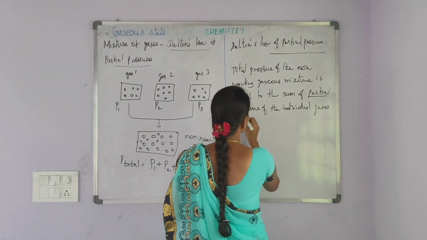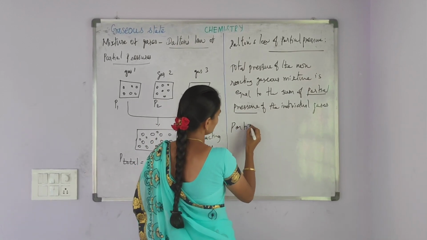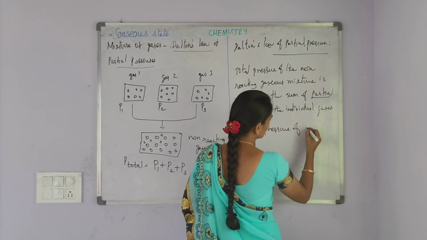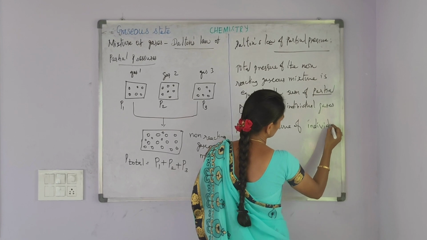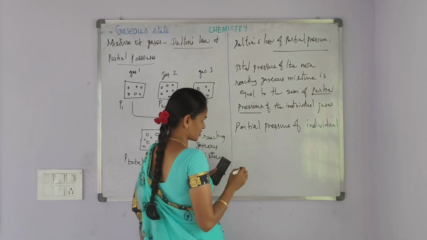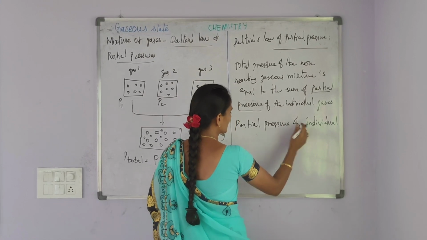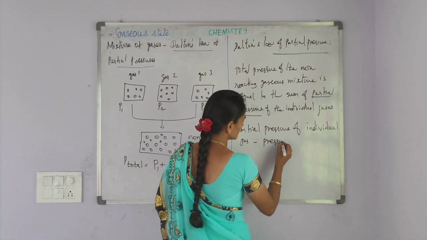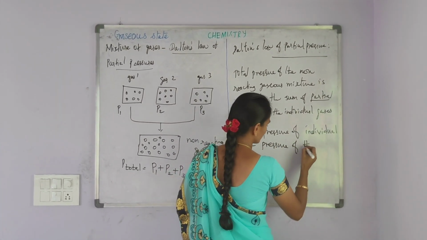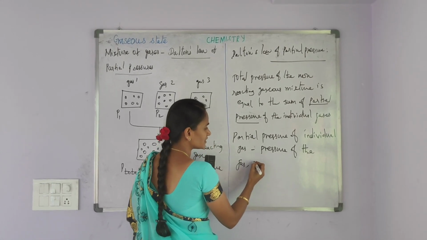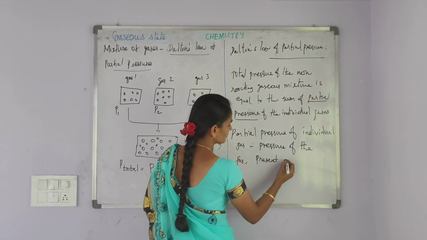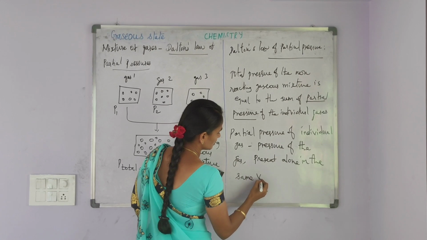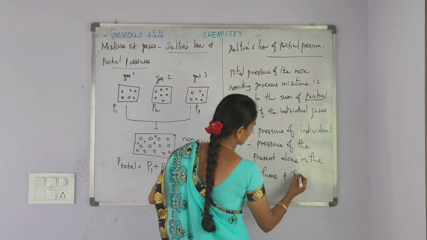Now, the question is, what is partial pressure? Partial pressure of a component, that is an individual gas in a gaseous mixture, is the pressure of the gas if the gas is present alone in the same volume and temperature.